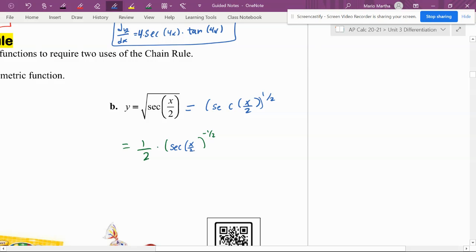of x over 2. Now I focus on the next layer, which is the derivative of just secant. The derivative of secant would be secant times tangent. So secant of, again, still haven't taken the derivative of that, and I'm not going to touch it until the end, secant of x over 2 times tangent of the same thing, x over 2.